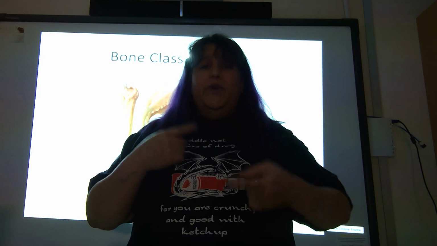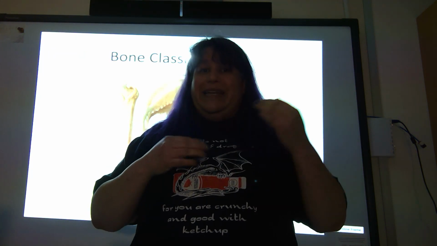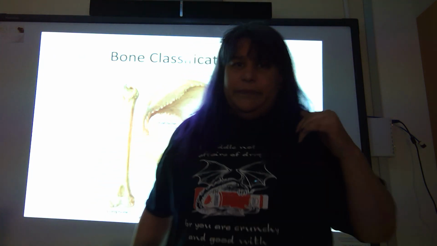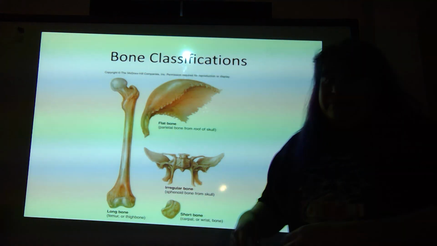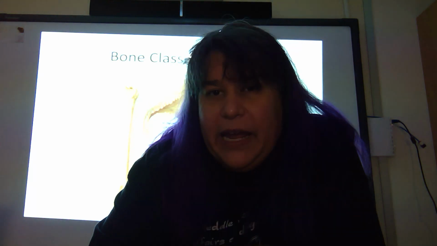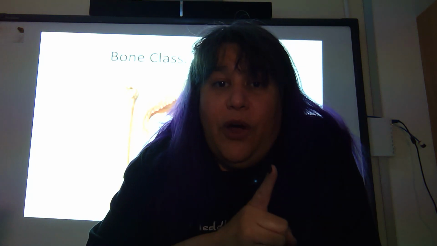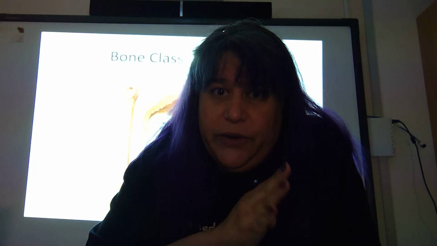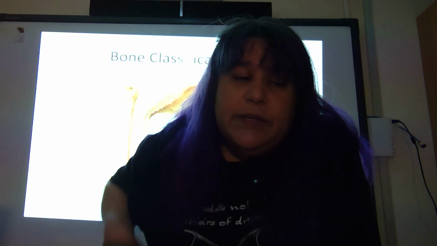So when we say irregular bones, it means that it isn't any of the other categories. So if I ask you what classification this type of bone is, I'm looking for long, short, flat, or irregular. Those are going to be your four options.